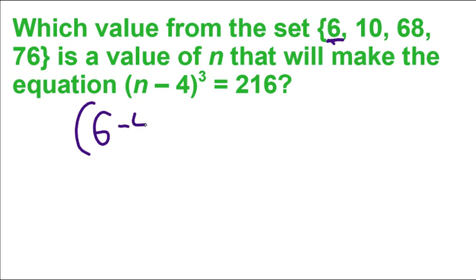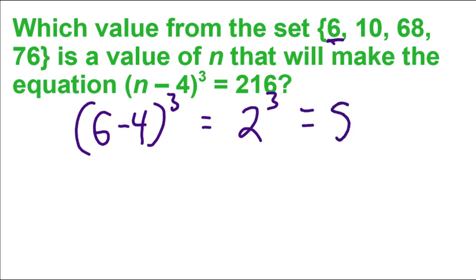So I'd have 6 minus 4, exponent of 3. Once you plug it in, we do the parentheses first. 6 minus 4 gives us 2. We still have to the third power with that. 2 to the third power, 8. We need 216. Obviously, that's not the right answer.